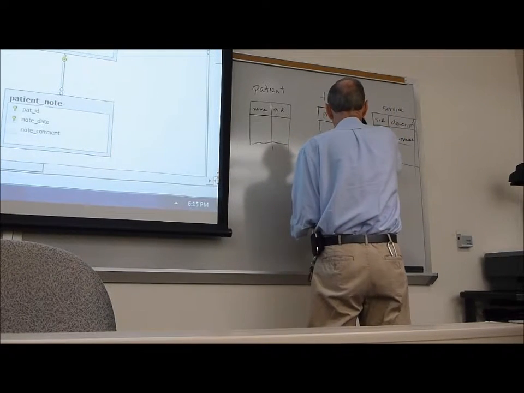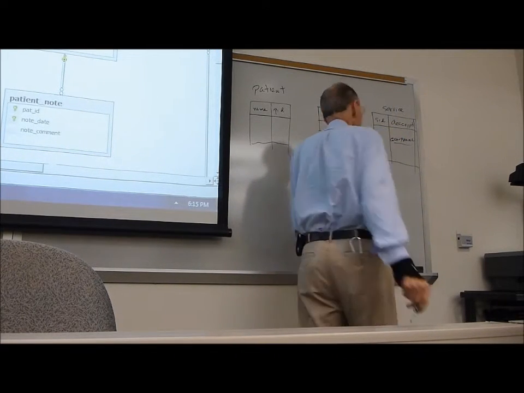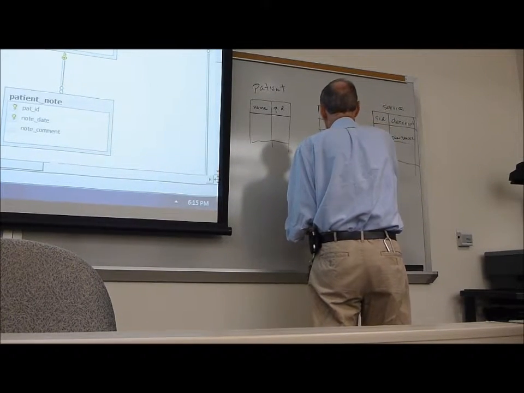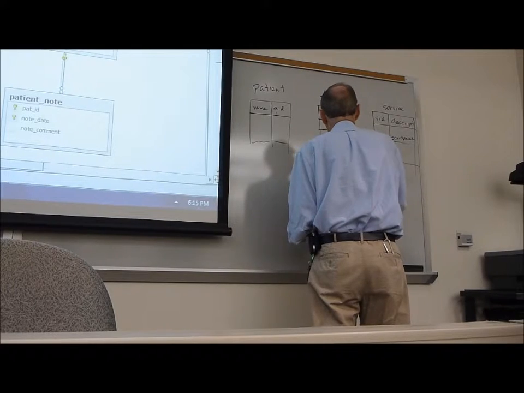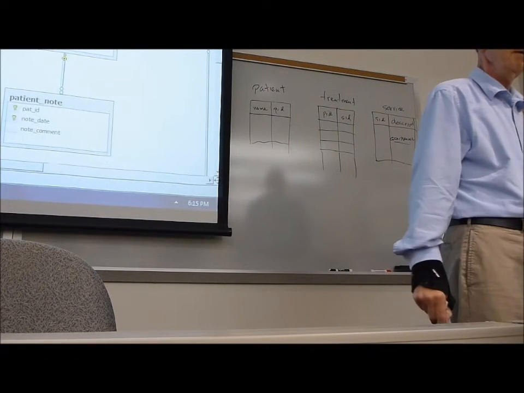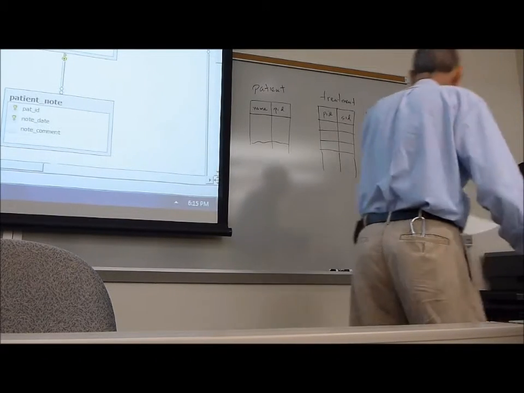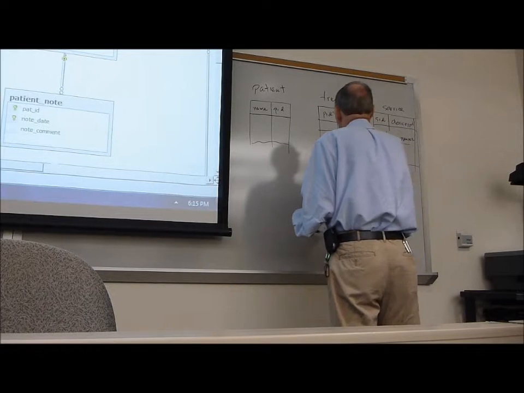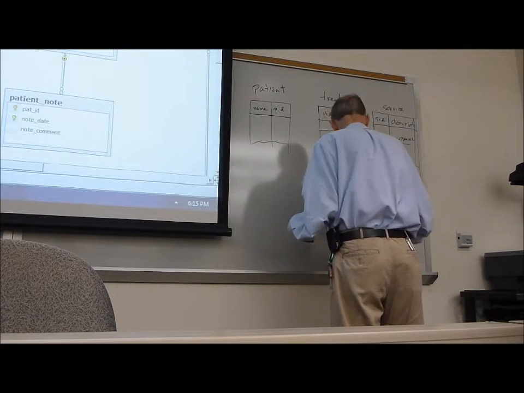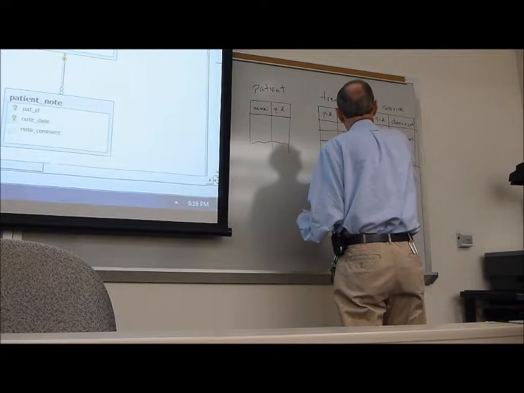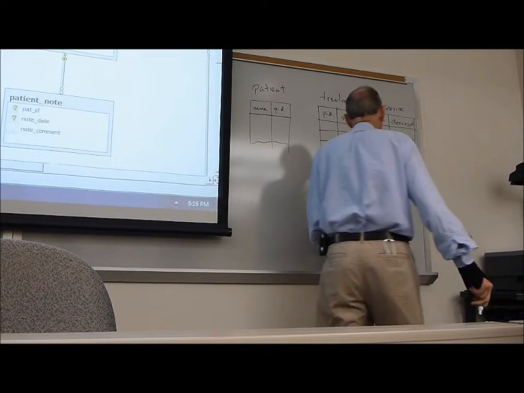Okay. So each one of these is considered a treatment. Usually, if you're in the hospital, you're going to have blood tests, plus a bunch of other stuff they're going to do to you. So we need to have this table to make that connection. And in a couple of weeks, we're going to talk more about data modeling.